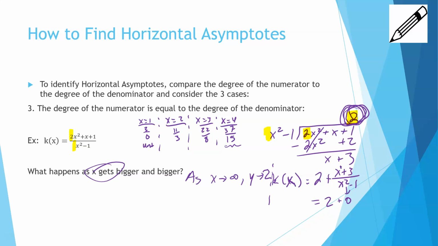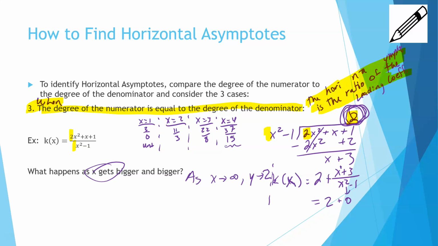When the degree of the numerator is equal to the degree of the denominator, the horizontal asymptote is the ratio of the leading coefficients. So it's the leading coefficient of the numerator divided by the leading coefficient of the denominator. So that's the third scenario.